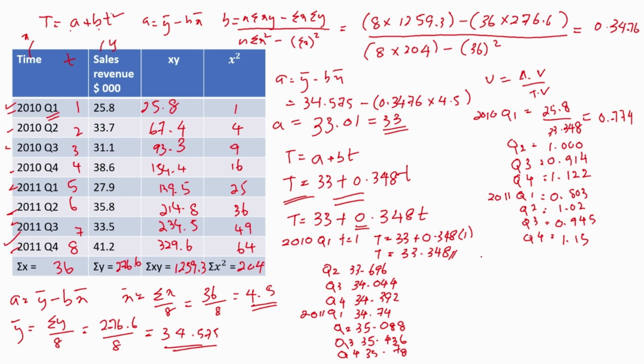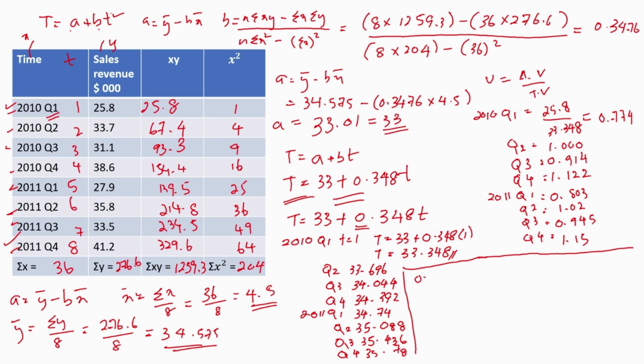So the next step is to calculate the average variance for comparable seasons. What is a comparable season? Comparable season is Q1 of each year and Q2 of each year, Q3 of each year and Q4 of each year. Here what we are going to do is take all the Q1 variances and take the average. So we have two Q1s, 2010 Q1 and 2011 Q1.